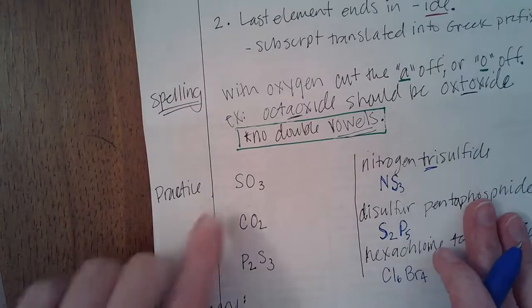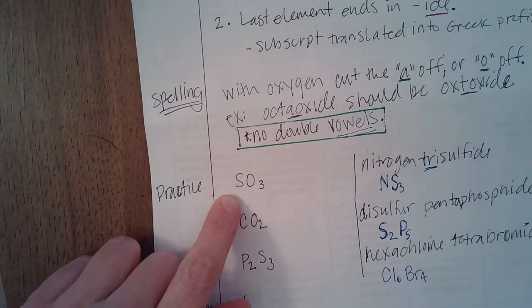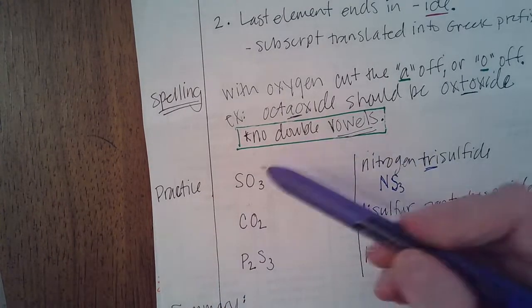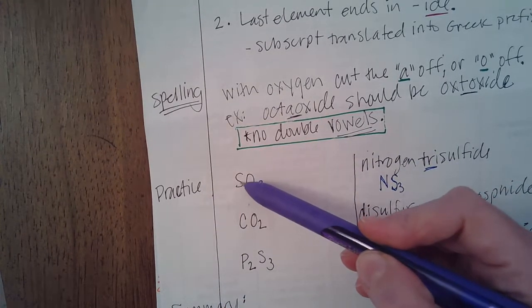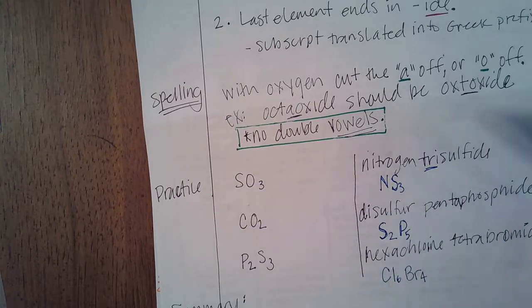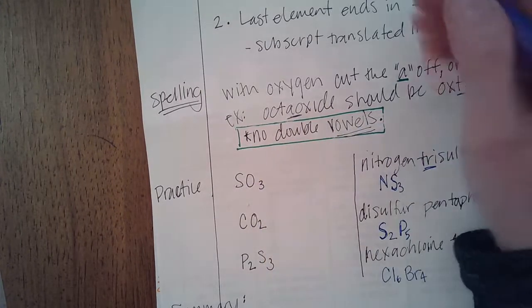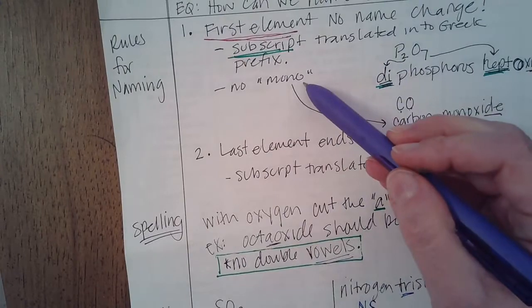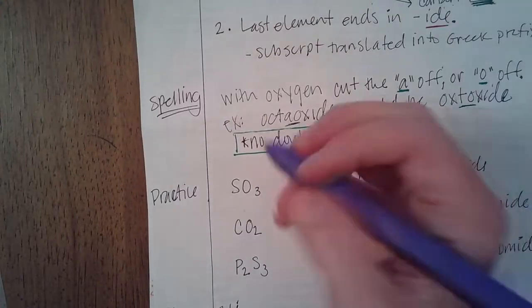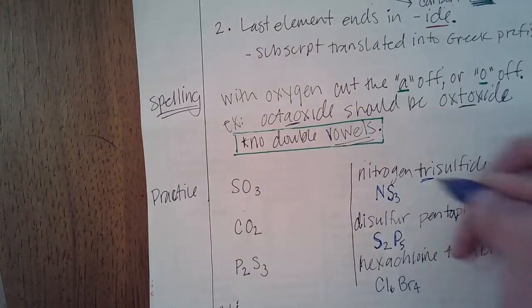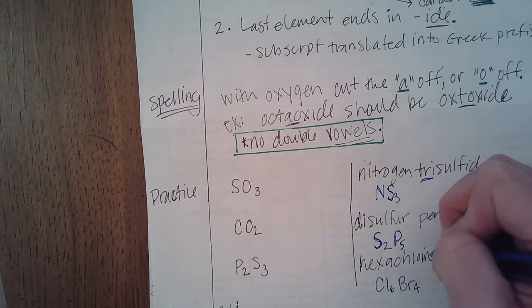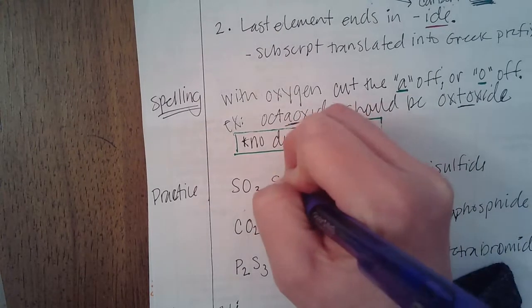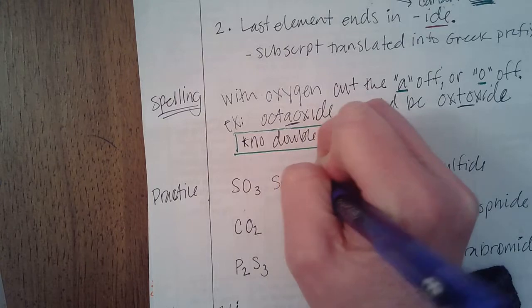If you're going to name these, this one right here, there's only one of them. So we don't put the mono. Remember, we don't put the mono when there's just one. And remember, the first one's always just as it appears on the periodic table. So this would be sulfur.